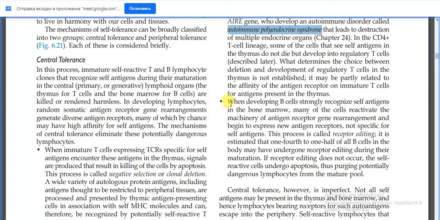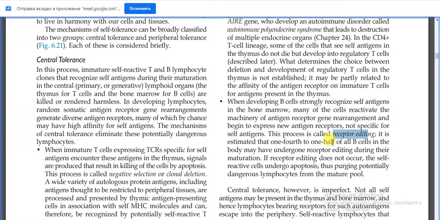When developing B cells strongly recognize self-antigens in the bone marrow, many of the cells reactivate the machinery of antigen receptor gene rearrangement and begin to express new antigen receptors not specific for self-antigens. This process is called receptor editing.